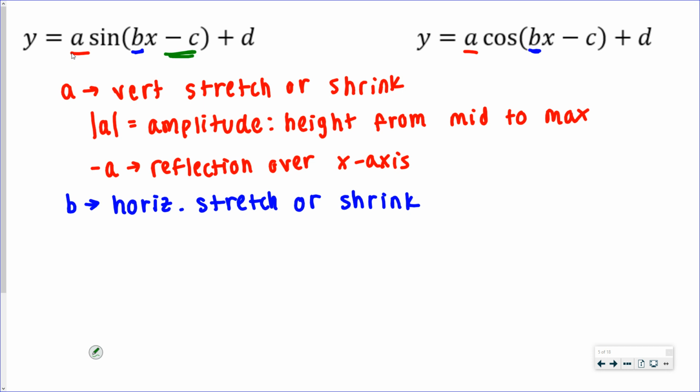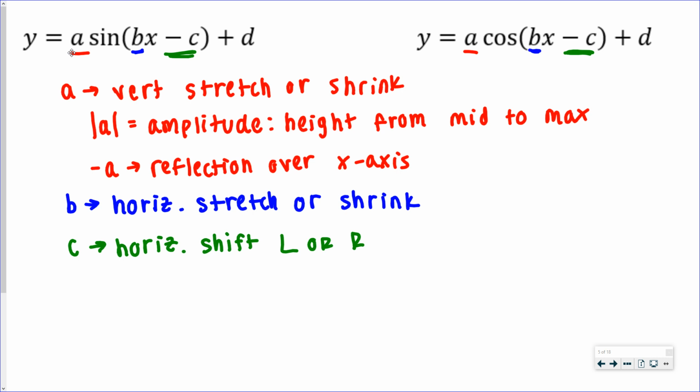Do you guys remember what C would do if you add or subtract the number inside? It shifts it right or left. So both of these are going to affect the period. The horizontal stretch or shrink will affect the actual length of the period, and then the shift, we call it a phase shift, is going to determine where it starts and where it ends.